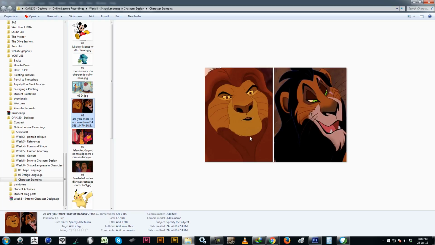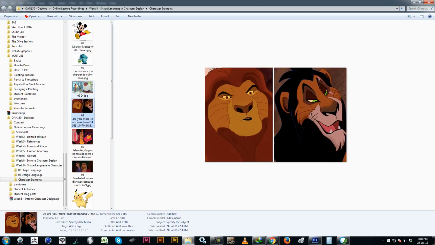He's the leader, the strong one, the king, dependable, sturdy, solid. He's a solid character. Versus Scar, who's thinner, more slender, more angular, more pointy. See how Mufasa is squarer, and Scar's is pointy, more angular. Even his eyebrows, his eyes, that sort of thing. You can tell which one of the two is evil.